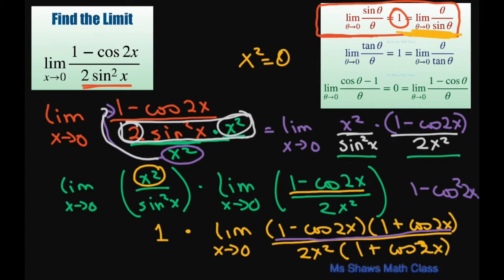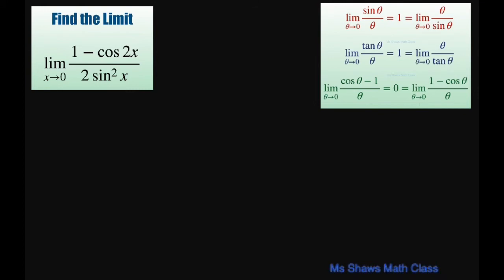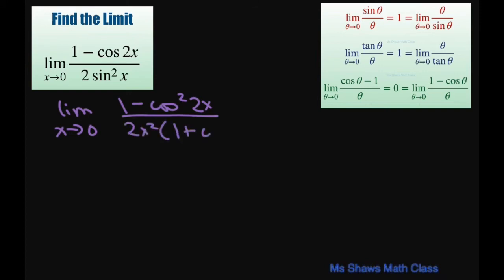So let's do that. We have the limit as x approaches 0 of 1 minus cosine squared of 2x divided by 2x squared times 1 plus cosine of 2x.